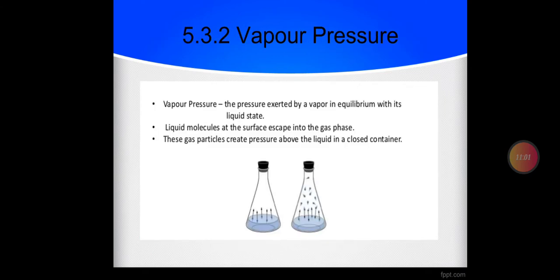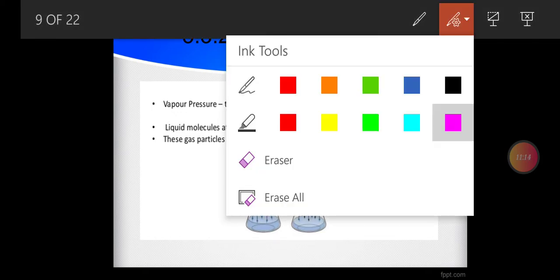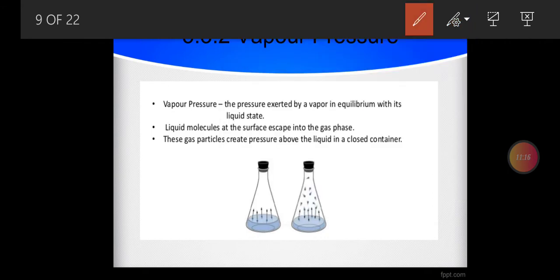All right, the next, 5.3.2, is about vapor pressure. Let me show you with an illustration: if the liquid is present in a container, evaporation is taking place at all temperatures.